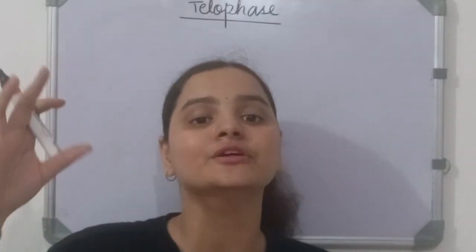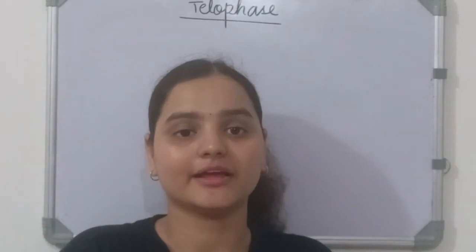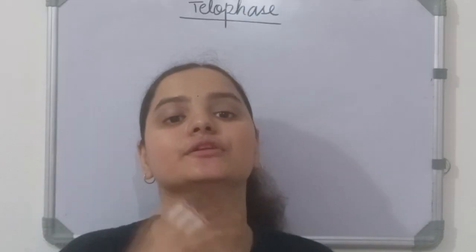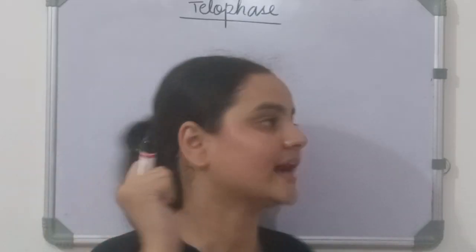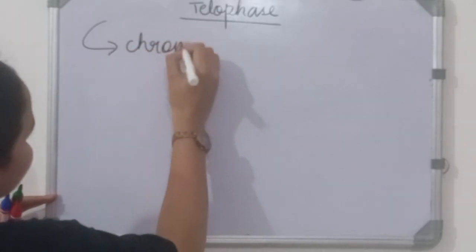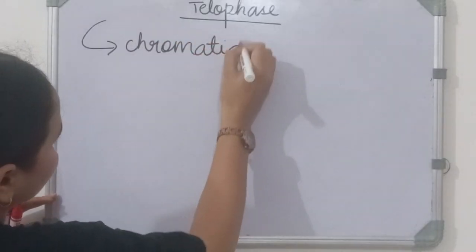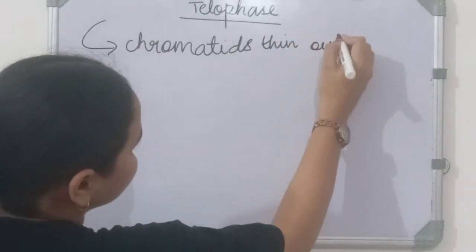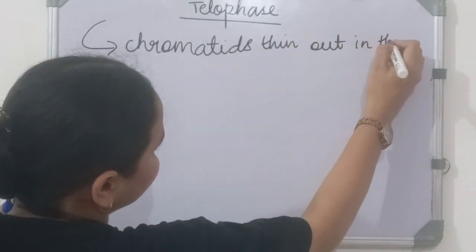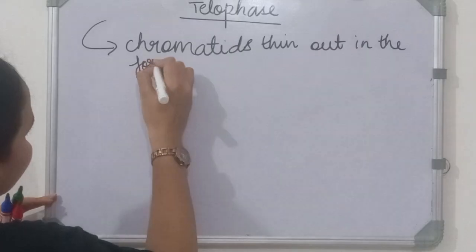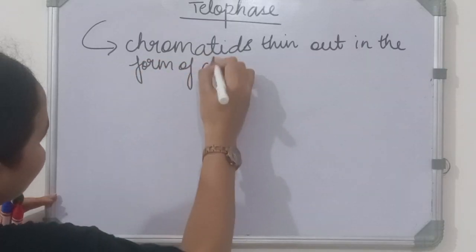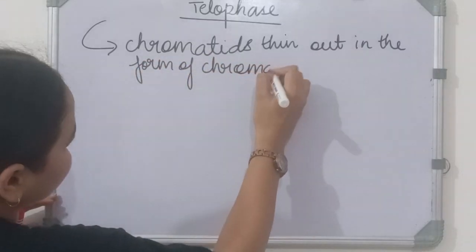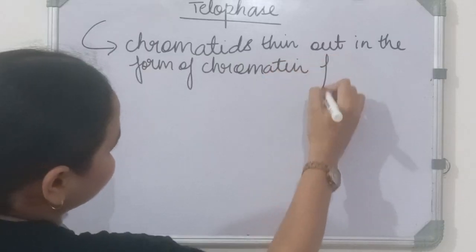In telophase, the chromatids which were moving towards the poles in anaphase thin out in the form of chromatin fibers. So let's write this point. Chromatids thin out in the form of chromatin fibers.